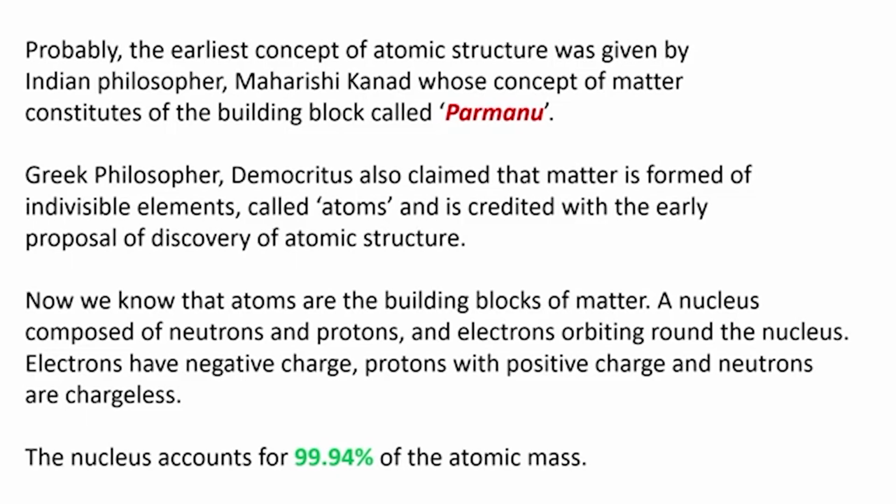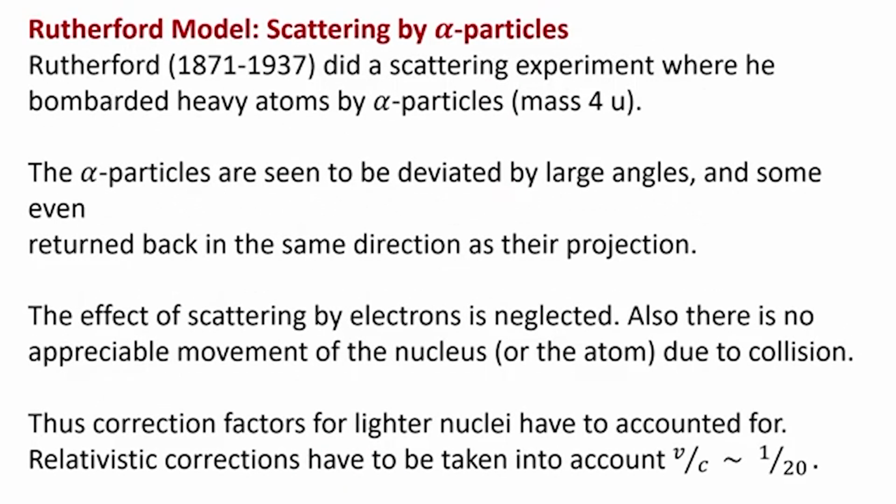This is strikingly similar to our solar system, where the sun occupies a similar percentage of the mass, and the planets orbit around the sun in their own orbits, held by the gravitational force. And here, of course, the electrons are held by the centripetal force.